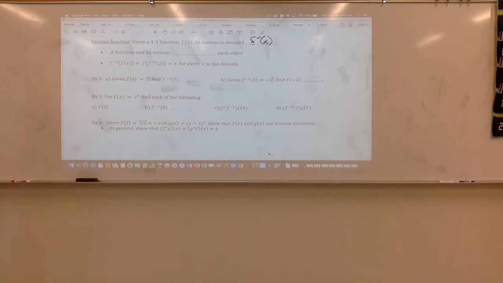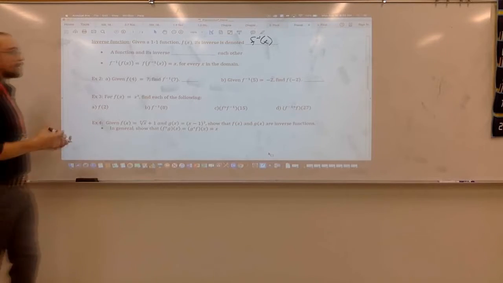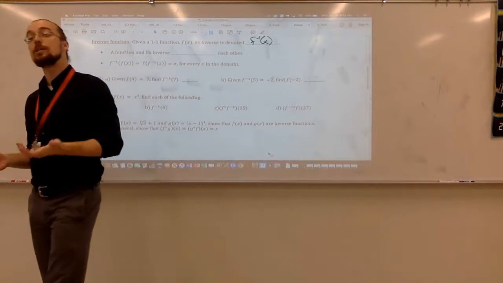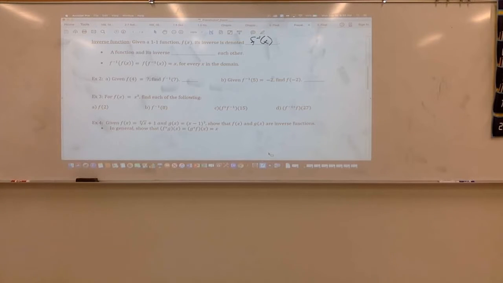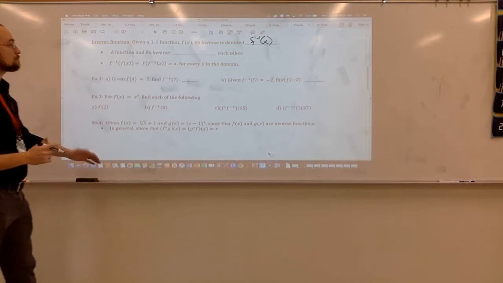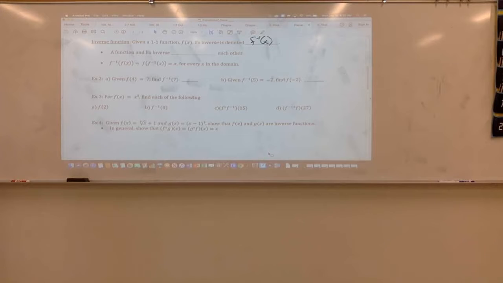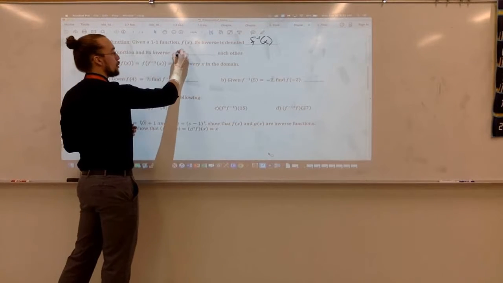We have to be careful not to confuse this with an exponent. We just write it as f to the -1 of x, but we read that as f inverse, or the inverse of f. We don't say to the -1. So a function and its inverse mirror each other.